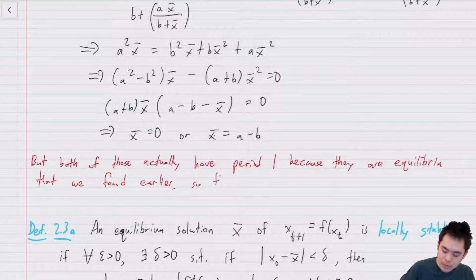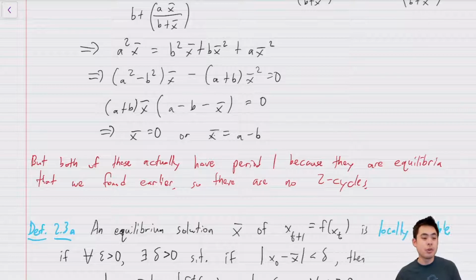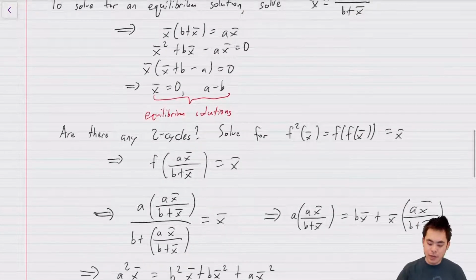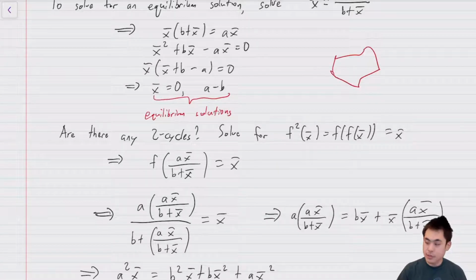So there are no 2 cycles. In this particular example, we don't actually have any periodic solutions of period greater than 1. And of course, the period 1 solutions are just the steady state solutions. Okay, so that's what we mean by periodic solution. It's something that goes around and eventually returns to the starting point.